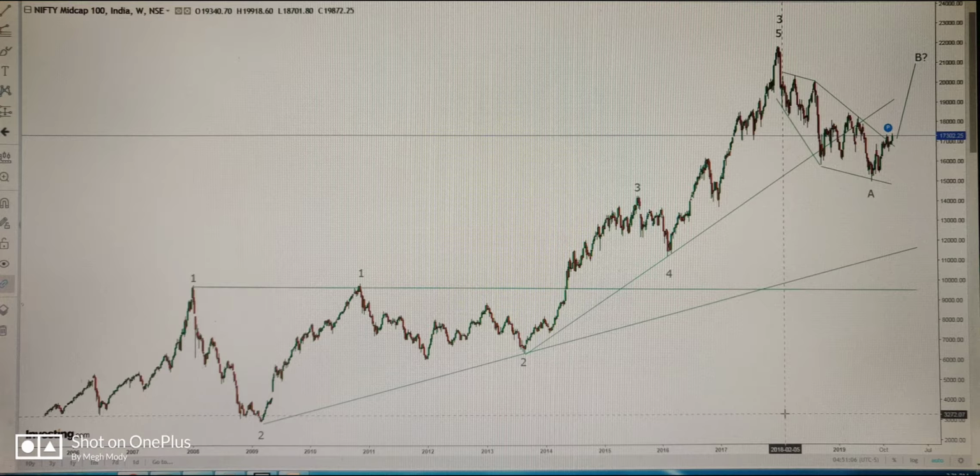So now, what I want to show in this chart is that since wave 2 was the sharpest one, I am now expecting wave 4, which is now ongoing, will be some kind of a flat pattern.